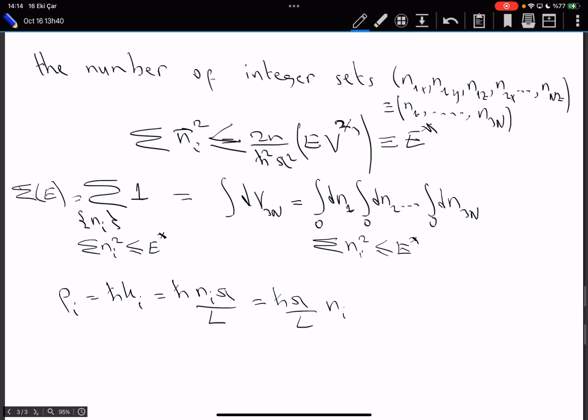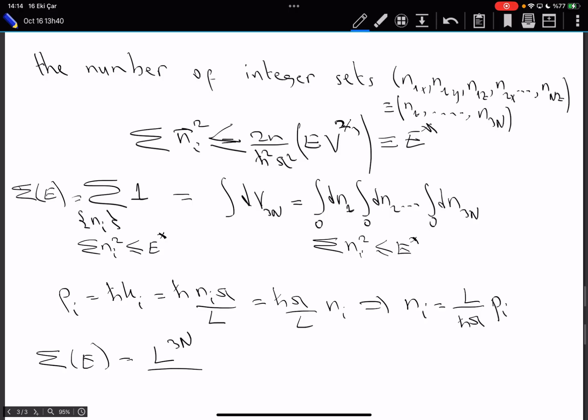So sigma e is actually, instead of integrating over ni, I can replace ni by L over h bar pi times pi. So sigma e will be L to the power 3n. Well, there is a factor L from each one of the ni's. There are 3n of them.